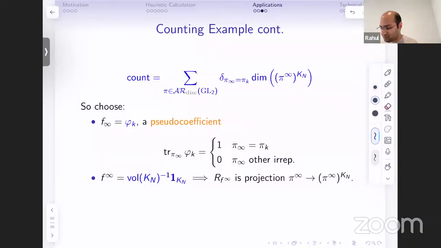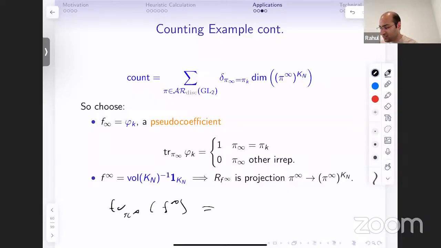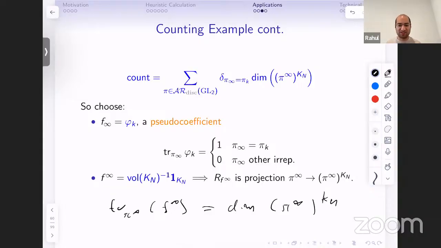So if it's this projection, how do you compute the trace of the projection? The trace against pi away from infinity of f away from infinity is just going to equal the dimension of pi away from infinity fixed points, right? That's just how the trace of projection operators work.